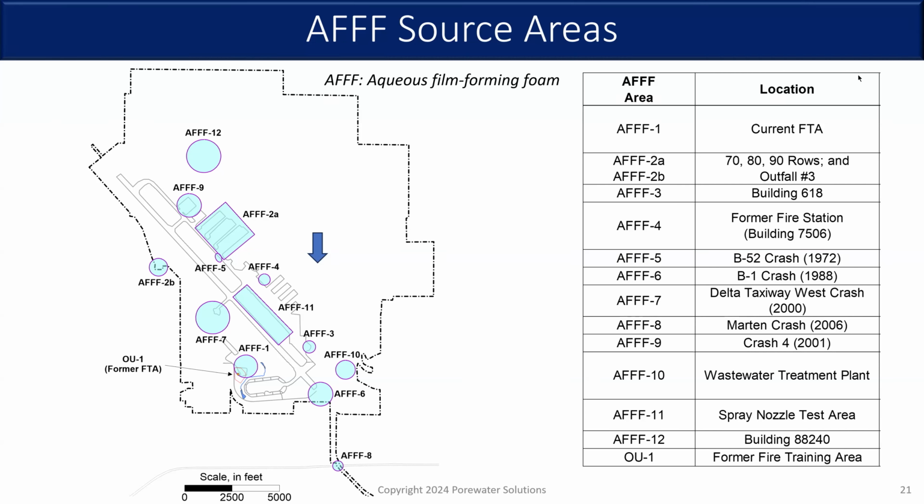So we've got a little over a dozen known source areas. AFFF1 in the bottom is where the current fire training area is. And OU1 is the former fire training area that was used until about 1990. They stopped using it then. They created the new fire training area that was lined with concrete. And we've got all these other places. Some are crash sites, some are buildings where PFAS were stored, etc.